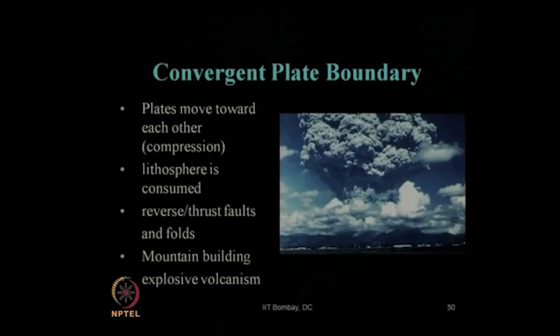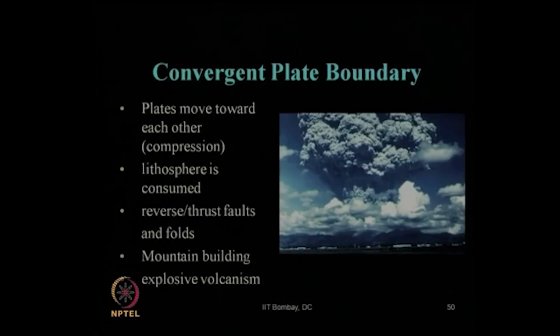Now, the convergent plate boundary, that is the other plate movement. In this case, plates move towards each other. We have already seen they are subjected to compressional load. So, lithosphere is consumed here, whereas in the divergent plate boundary, new lithosphere was formed, opened up.